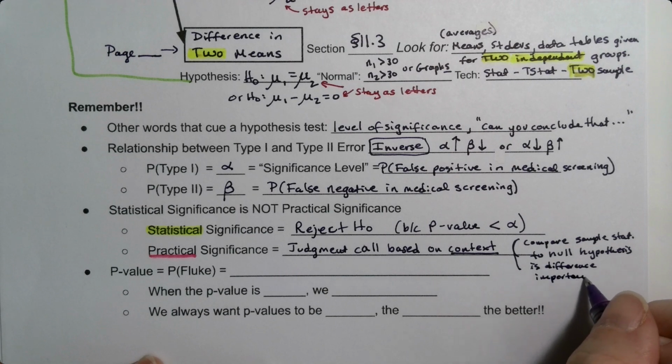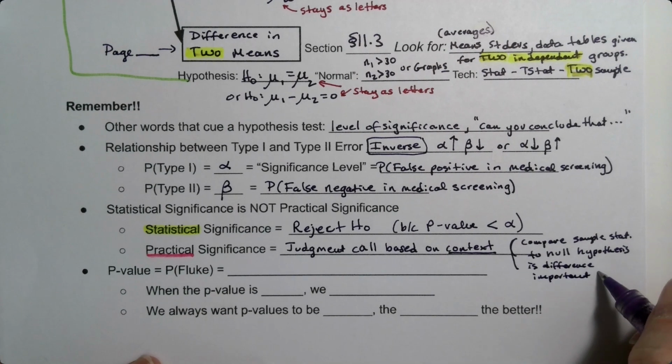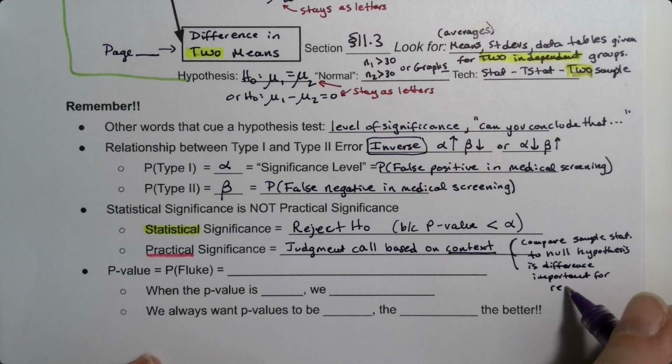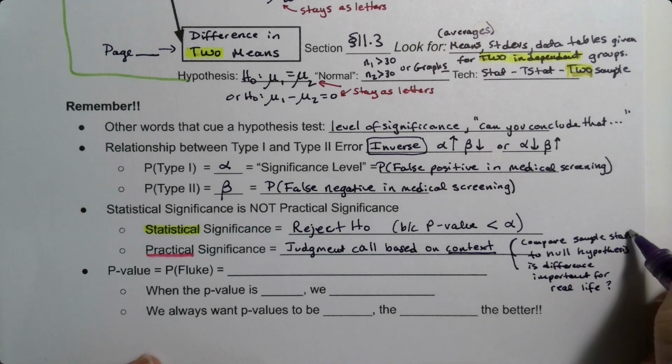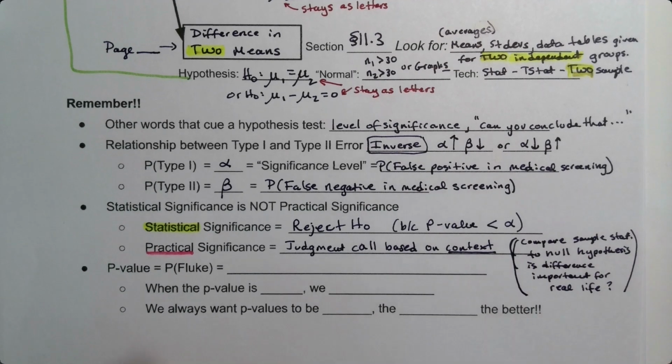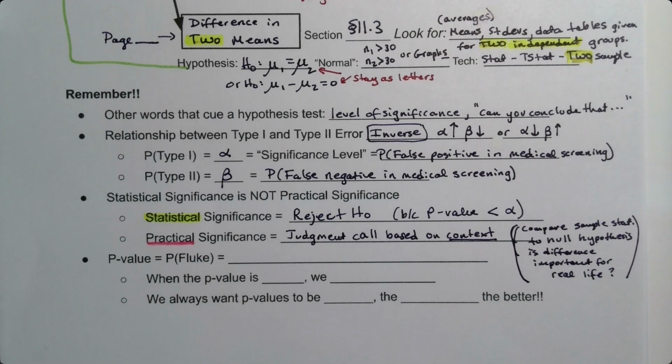And that's beyond our scope, right? That's weird because what's important to one person might not be important to another, but that's the kind of question that we're asking. That's the kind of judgment call we're trying to make here.